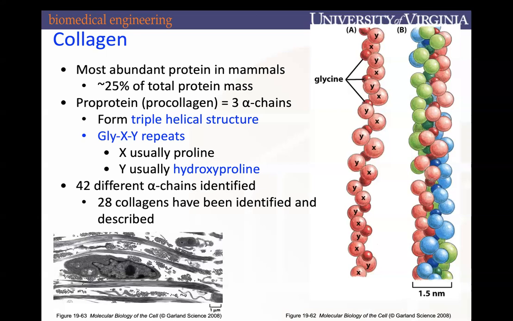There's different alpha chains, with different genes for each alpha chain. For example, whenever we want to target cells that express collagen, an easy one that people typically do is we'll target collagen 1 alpha 1. So there's just different alpha chains available, but when we talk about the protein, that's the triple helix together.